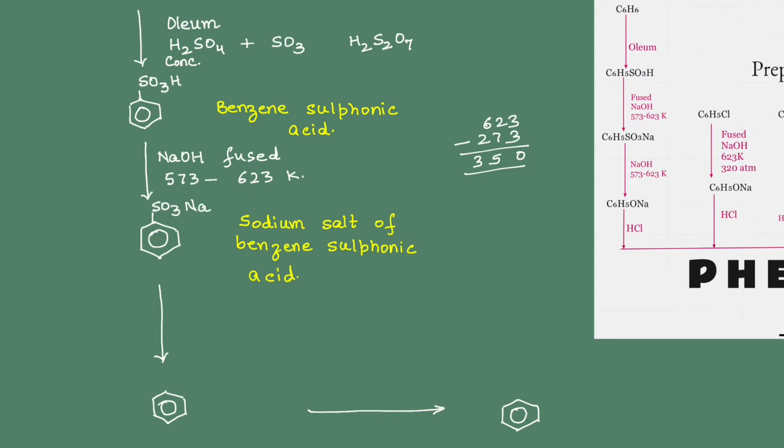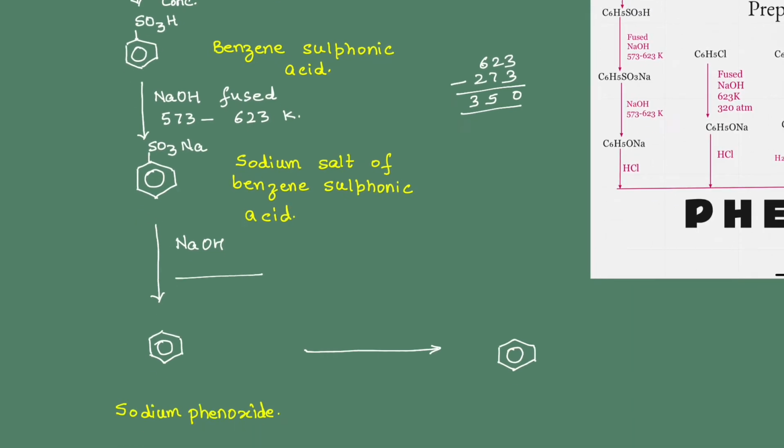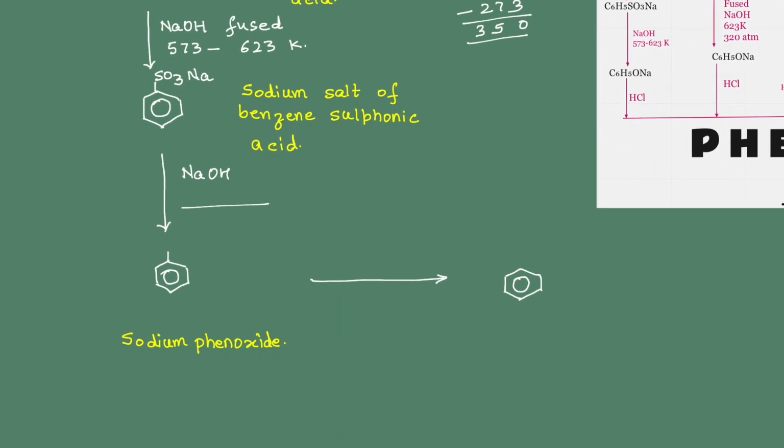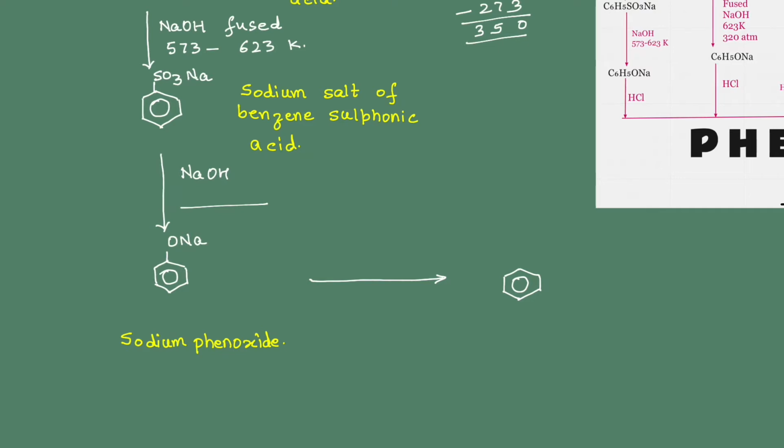But interestingly, the reaction does not stop over here. Because we are using NaOH, the sodium salt of sulfonic acid again further gets converted into sodium phenoxide. Now what is this phenoxide?